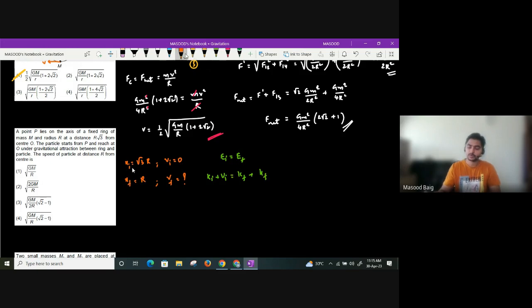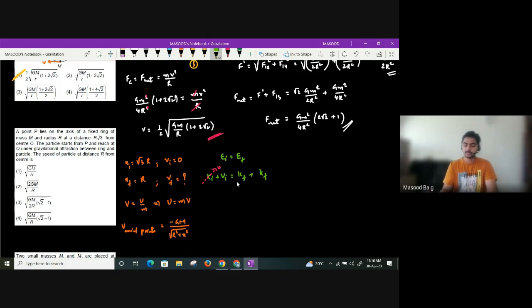And how can we write potential energy? We know potential is given as U divided by M. So we can write potential energy as M into V, guys. What is the initial kinetic energy? It is starting at rest initially, so it will be 0. Now please tell me what is the initial potential energy? Initially it is at a distance root 3r. What is the potential at an axial point? We know the potential at an axial point is minus GM divided by under root of r square plus x square.